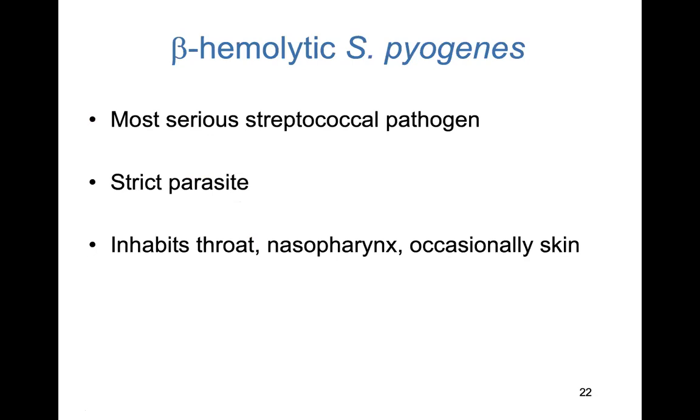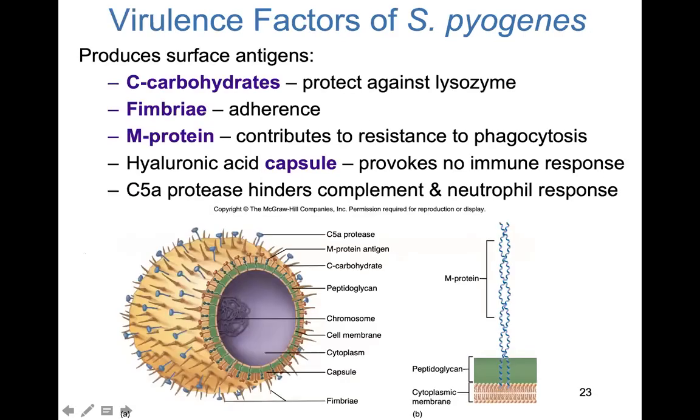It really sort of needs a human cell with blood to live. Right? It inhabits the throat, nasopharynx, and occasionally the skin, but not for very long generally. Okay, it's a strict parasite. And it can't even make its own food generally. It has to have something else to live on or consume. Okay.